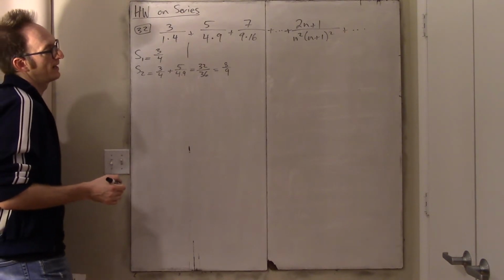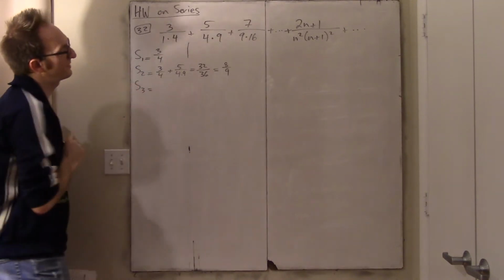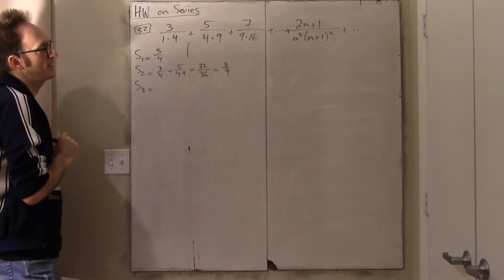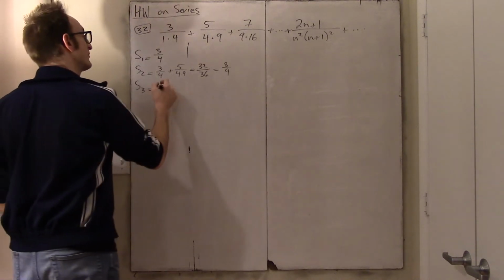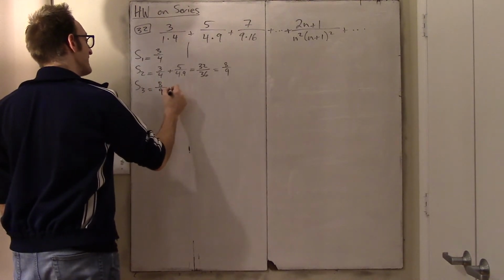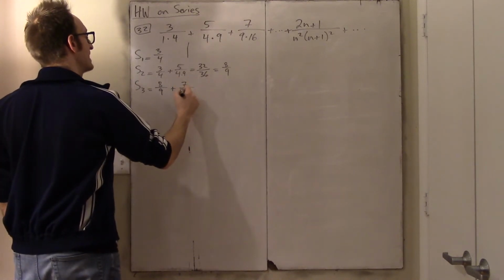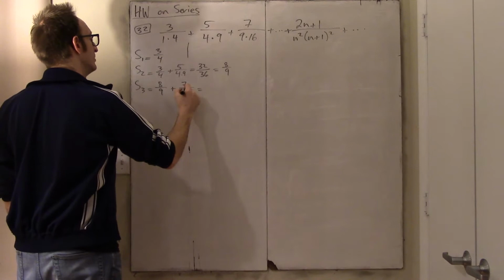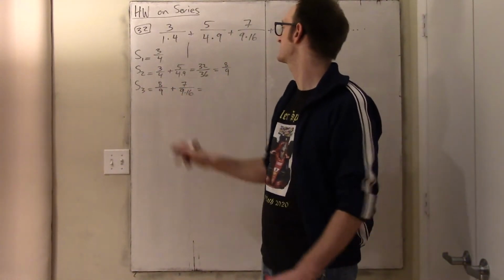Okay, what's the sum of the first 3? I don't want to make a mistake, because then everything is wrong. 27 over 30, yep. Okay, what's the sum of the first 3 terms? Well, it's going to be 8/9 plus 7 over 9 times 16. Oh boy. Okay, so I need to multiply by 16 over 16.